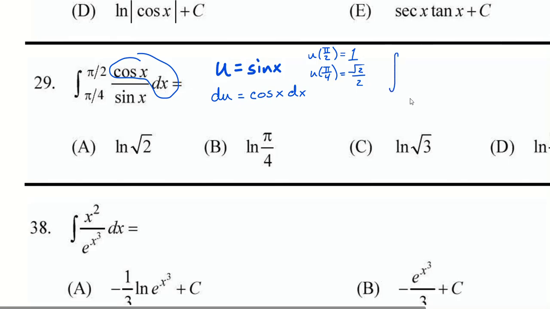Okay, so let's continue. What's the integral? From where to where? To 1 of what? Is it 1 over u, right? It's because it's 1 over cosine is all that's left.